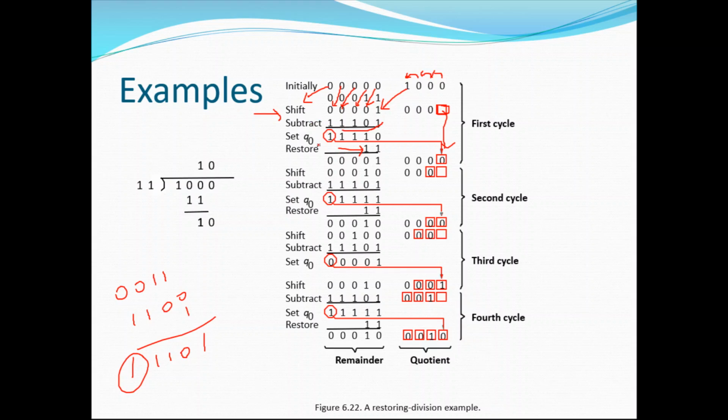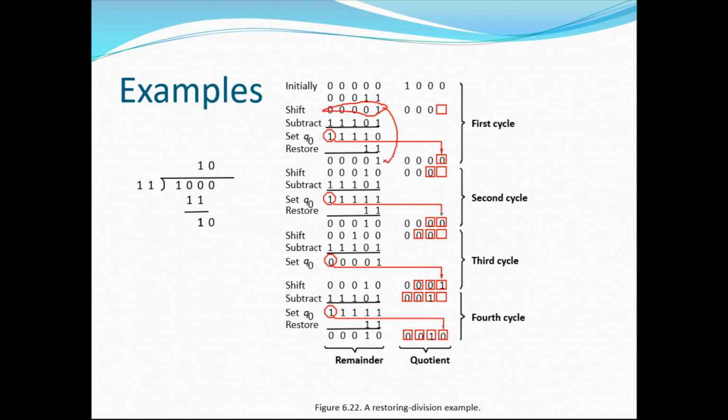The final carry we ignore. So whatever the previous value of a was immediately after shifting, that same thing is restored here. If it is a negative number, we are restoring it, and for that we are doing this.